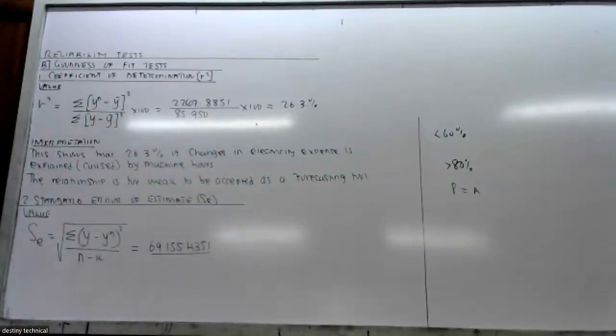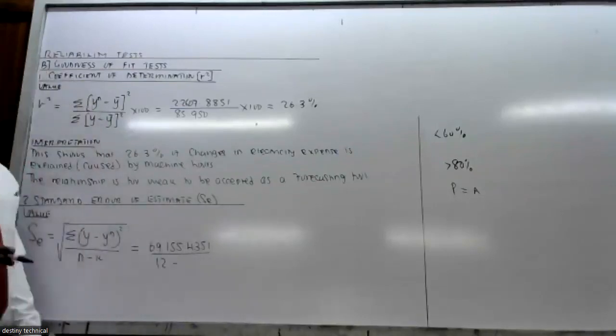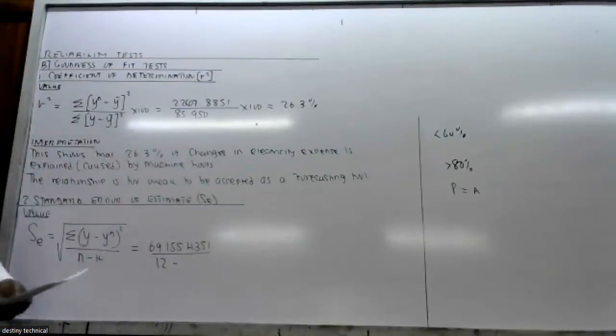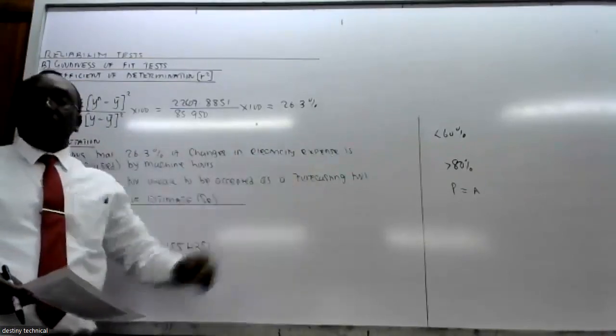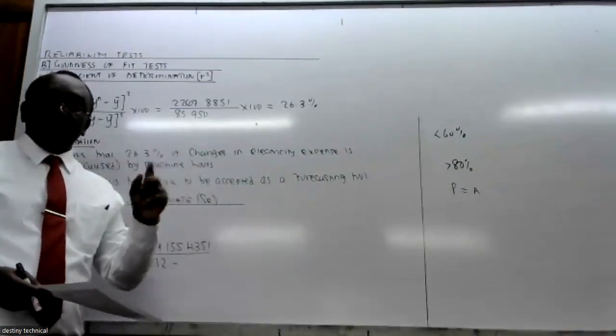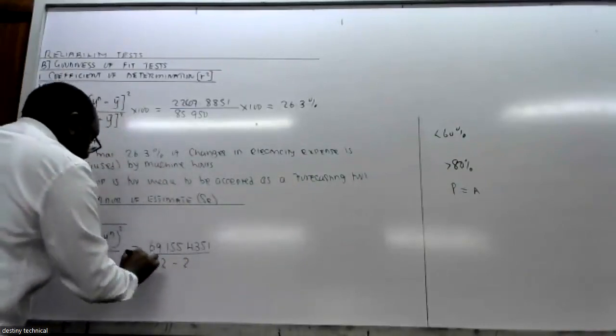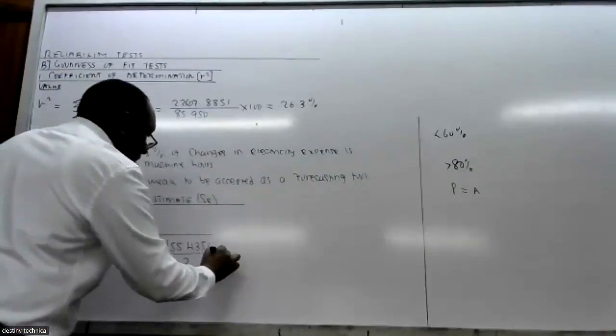N is 12, the number of items. And K is the values we computed. Those values of A and B, they are the ones we call K. So there are 2 of them. We computed A and we computed B. So K is 2, as you can see in the notes. So work on that.